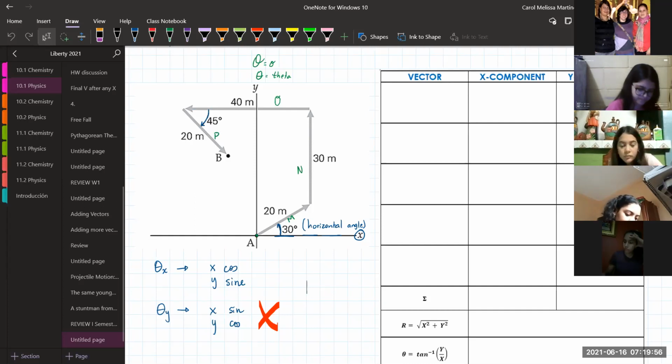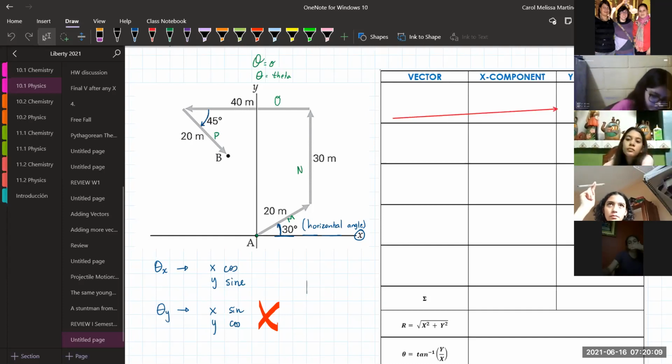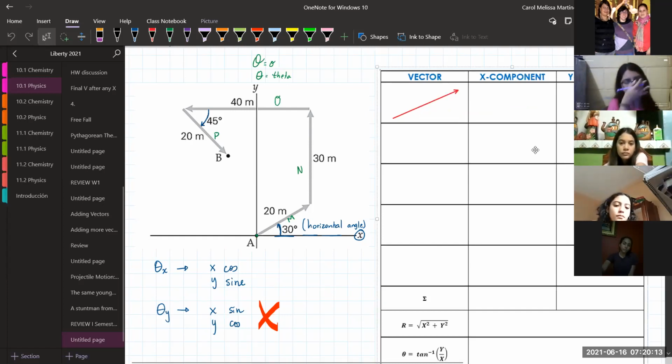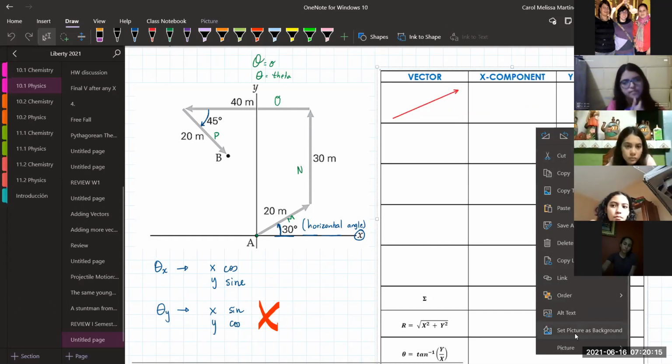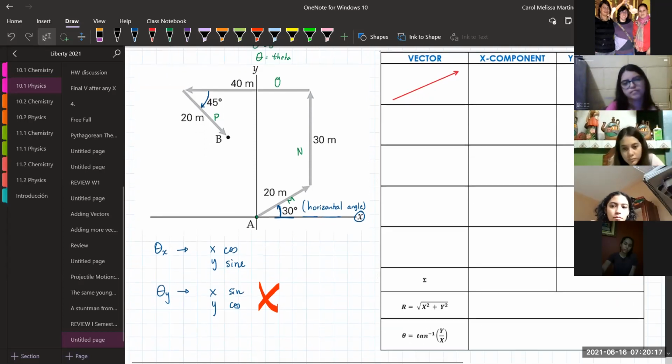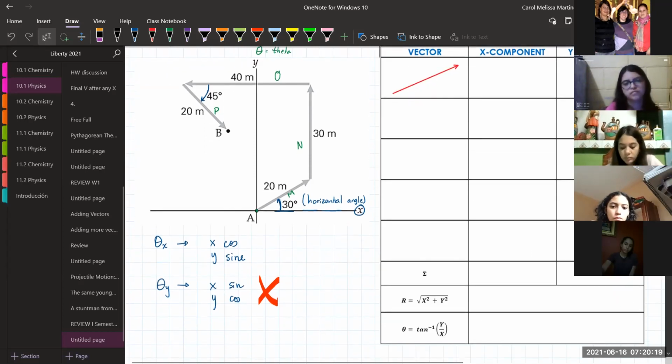So we start drawing the vectors that are making up our problem. My first vector, which is M, is this one, and it has an angle of 30 degrees.